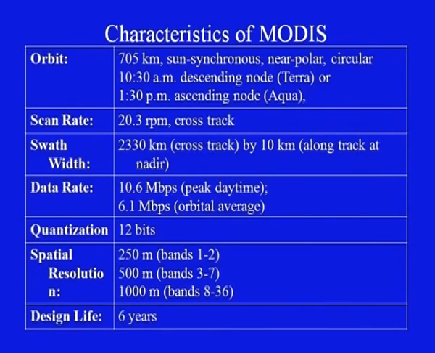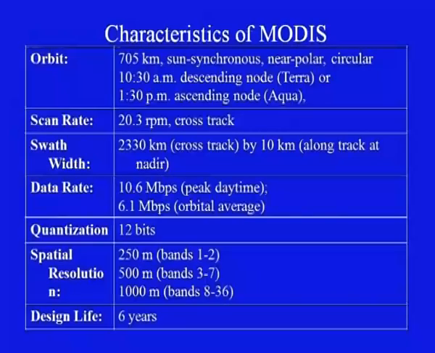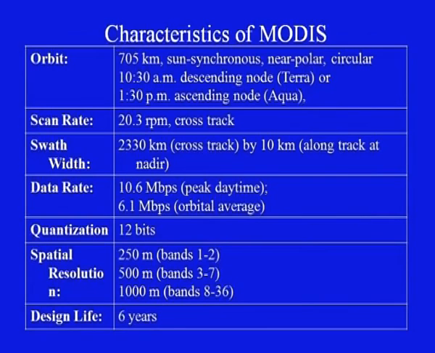The Terra satellite on its descending node passes the equator at 10:30 a.m., while the Aqua satellite on its ascending node passes the equator at 1:30 p.m. It has a scan rate of 20.3 rpm cross track, having a swath width of 2330 kilometers by 10 kilometers at nadir. The data rate is 10.6 Mbps peak daytime, while it is 6.1 Mbps orbital average.